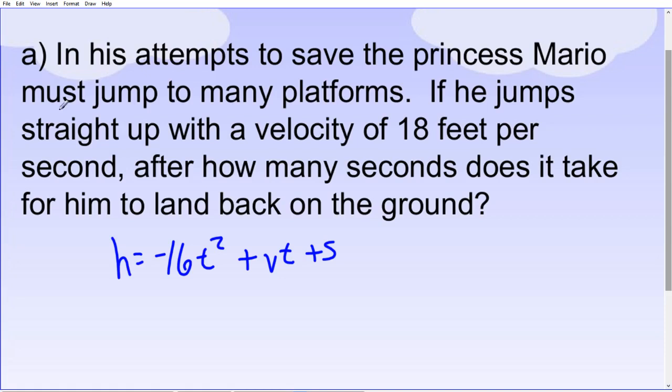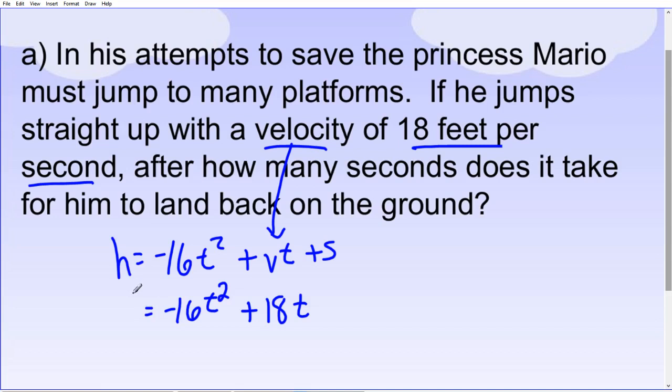If he jumps straight up with a velocity of 18 feet per second, that's our V. My velocity is 18 feet per second. After how many seconds does it take for him to land back on the ground? So I want to know the time. I don't know that.